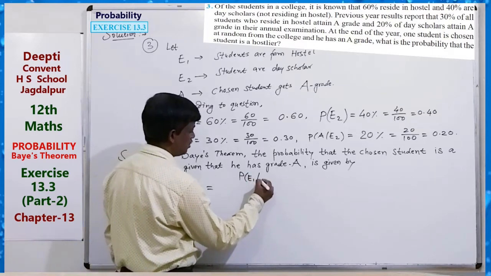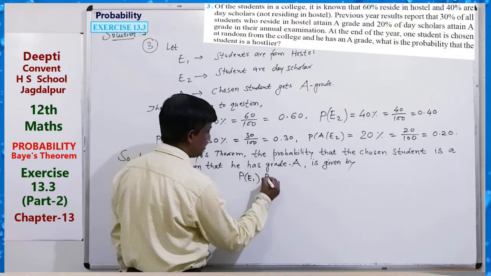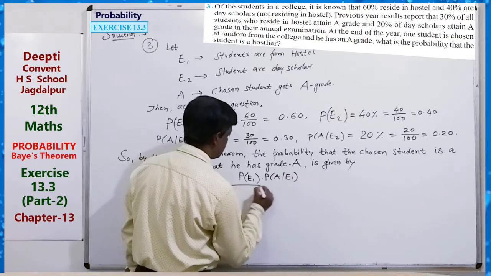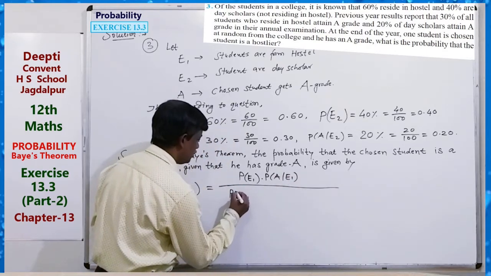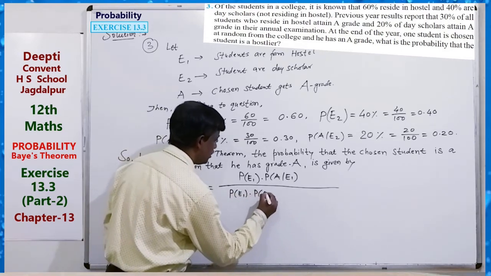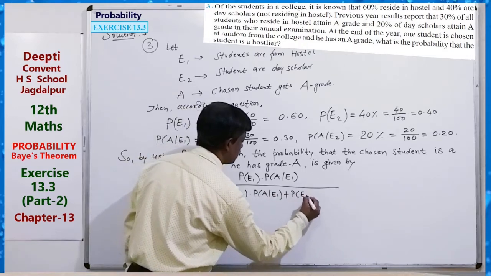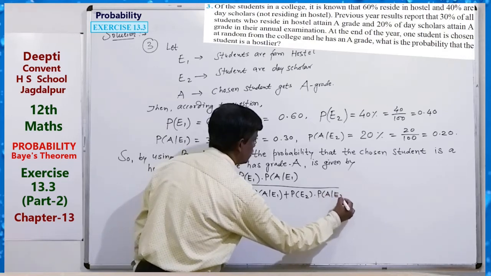P(E1) into P(A by E1) upon P(E1) P(A by E1) plus P(E2) P(A by E2).